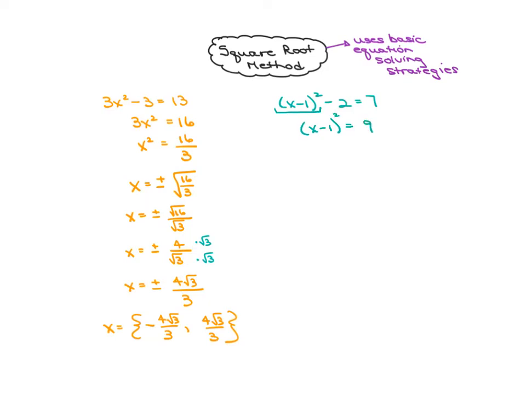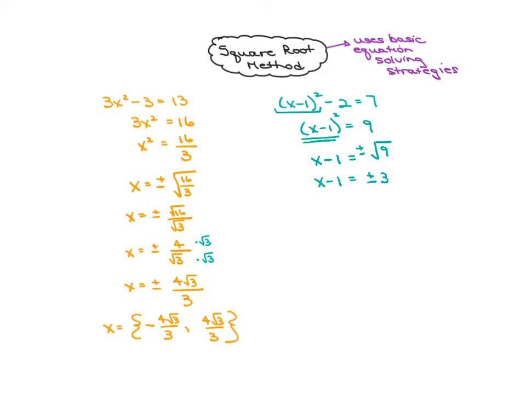Great. At this point, because this side is being squared, I'm going to take the square root of both sides of the equation. I'll be left on this side with simply x minus 1. And over here, the square root of 9. And again, both the positive and the negative root. So x minus 1 is equal to plus or minus 3.